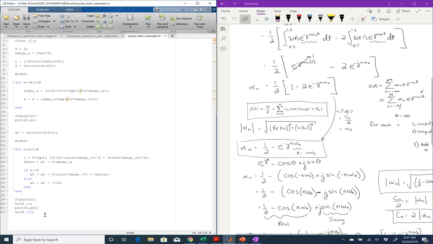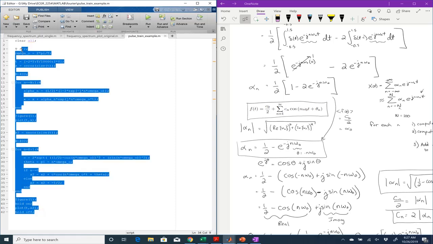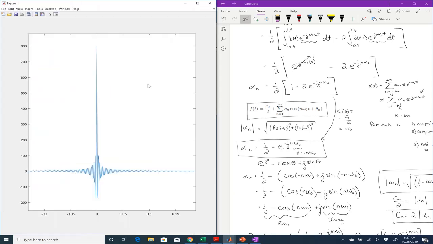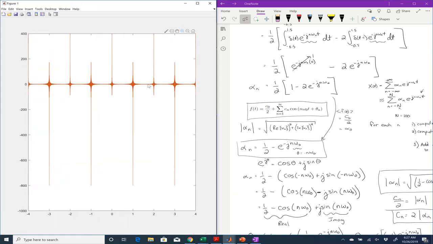All right, so let's evaluate all of this. Now I can see that the red and the blue basically sit on top of each other, which is exactly what I would have expected because the two forms of the series are equivalent.